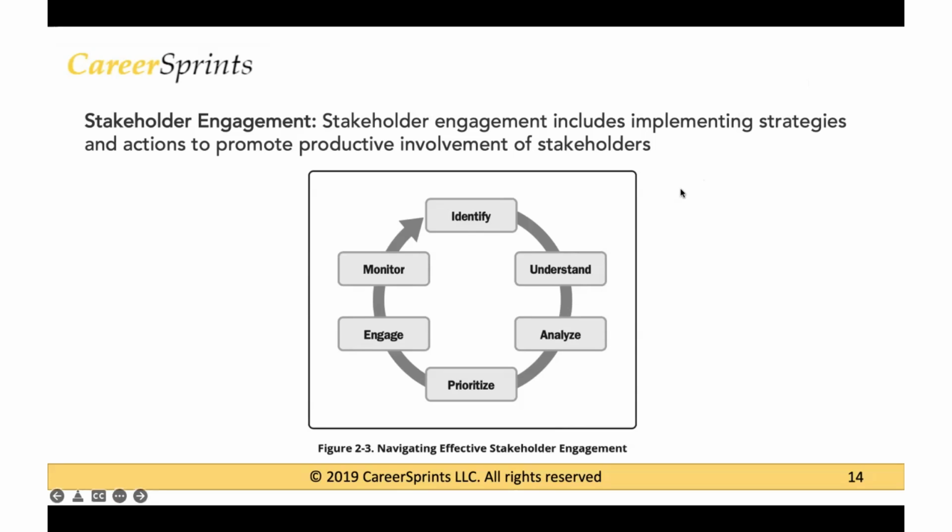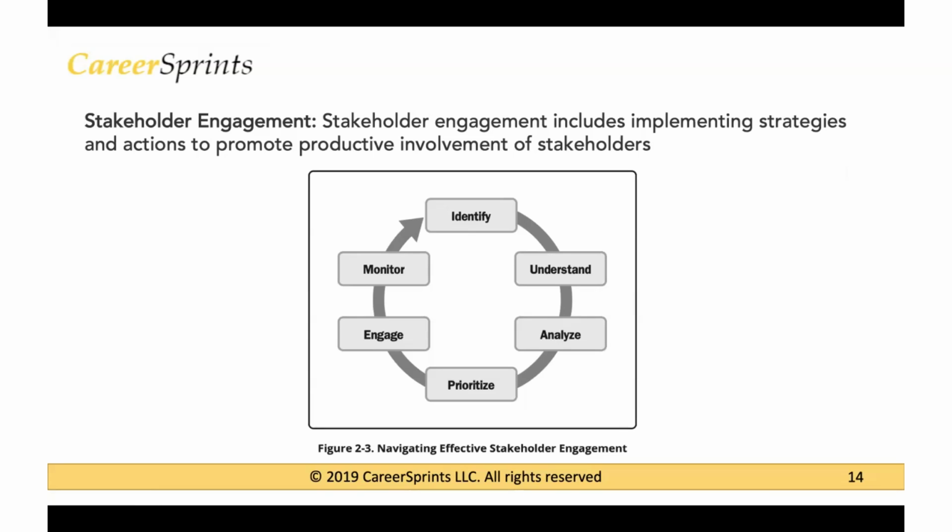So these are the different steps when it comes to crafting a stakeholder engagement strategy. So you're going to identify stakeholders, you're going to understand the mindset or the psyche of each of the stakeholders, or their influence on the project.